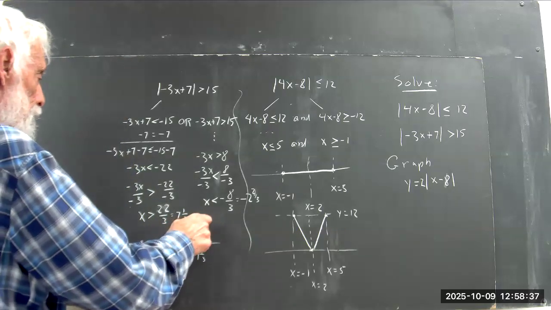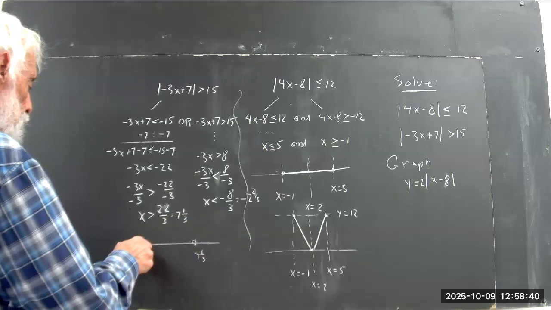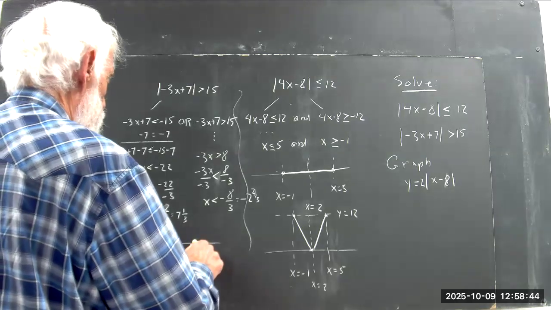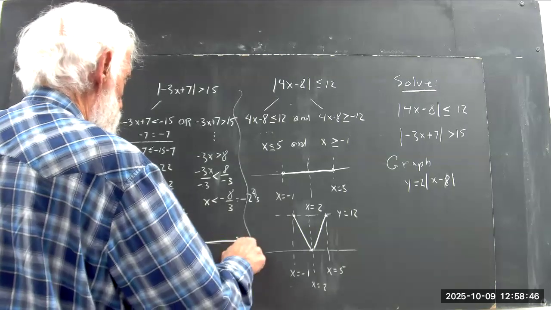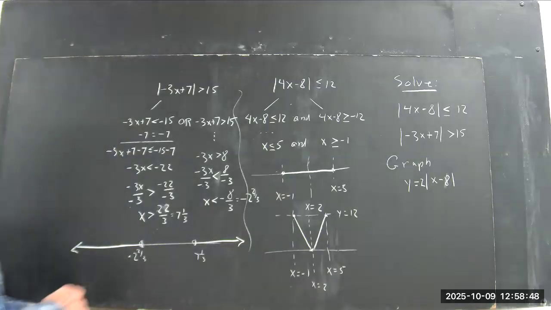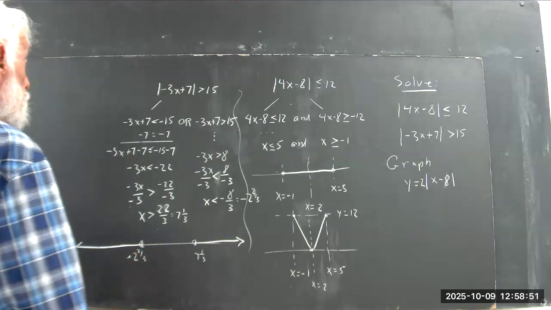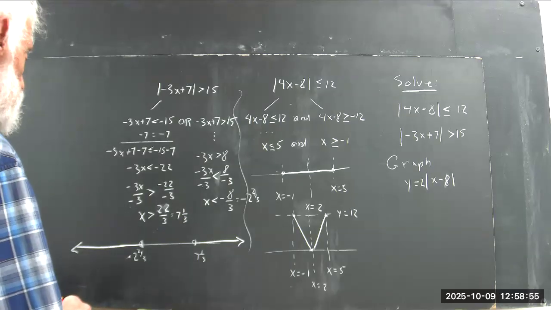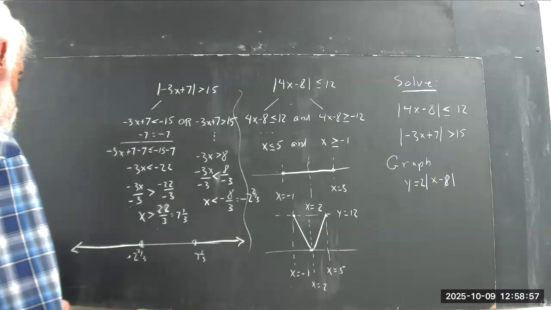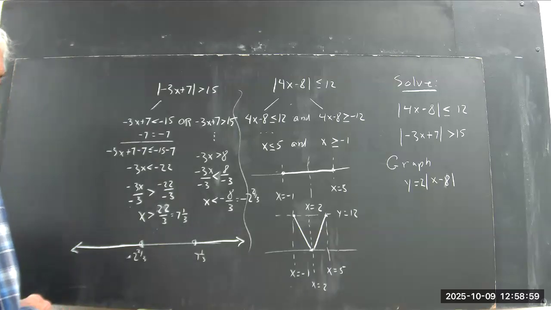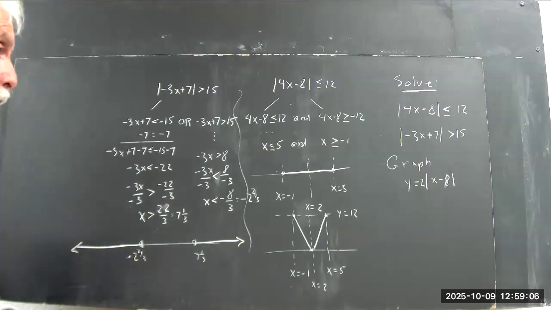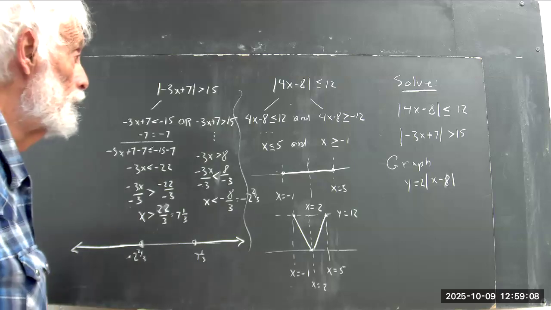And if x is less than -2 2/3, that puts us here. If x is greater than 7 1/3, that puts us here. Now there's some I'm tempted to do graphically with this, but I don't have room, so I'm not going to do it.